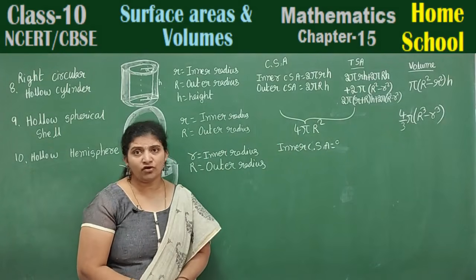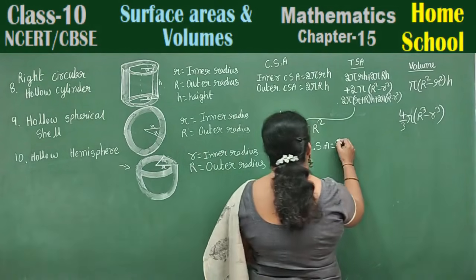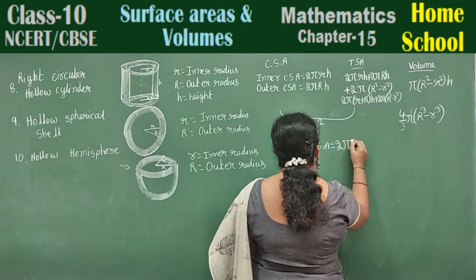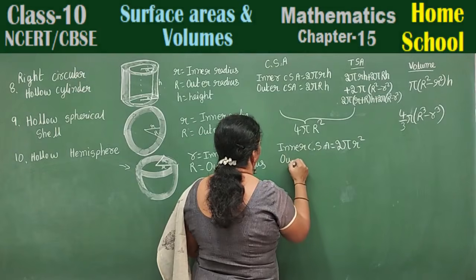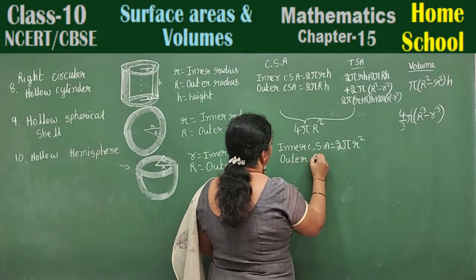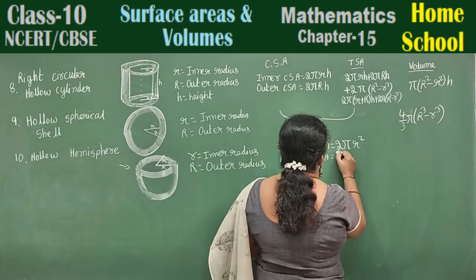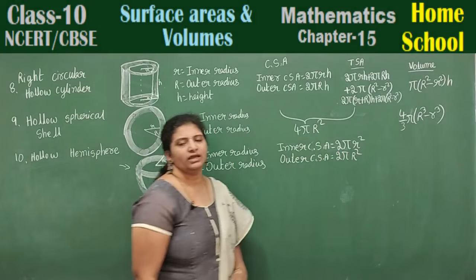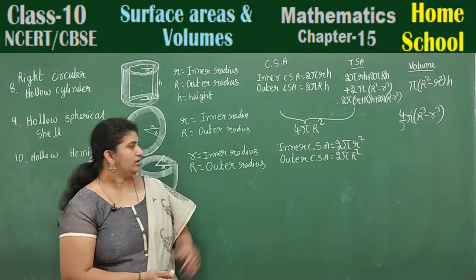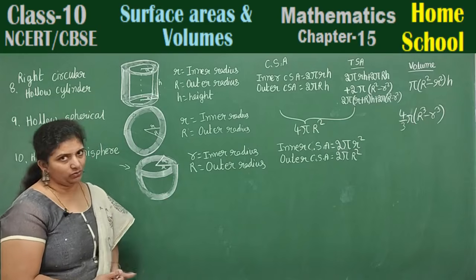For a sphere it is 4 pi r square, for a hemisphere 2 pi r square. Which r will we take? Inner, right? Small r. 2 pi r square. Outer curved surface area CSA is equal to 2 pi capital R square. Two curved surface areas it will have, inner and outer.